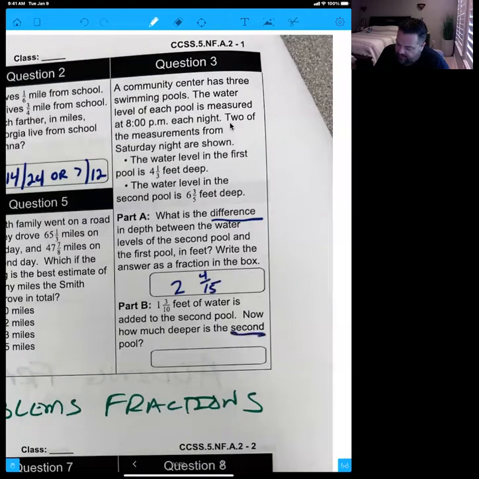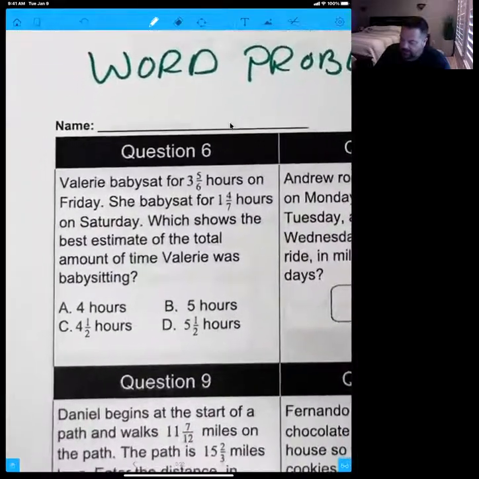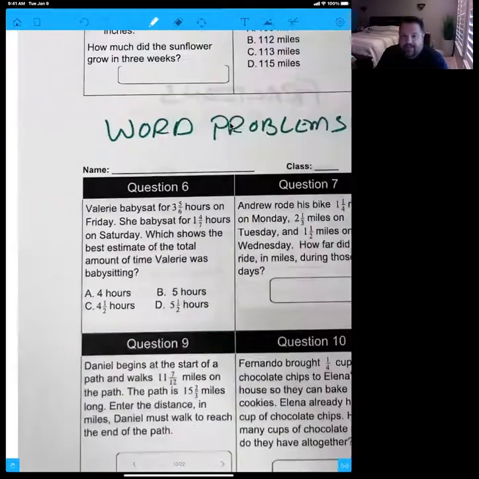And then the second pool, it would be 3 and 17/30. Because now we're adding water to the pool. So literally that one is just adding this onto this. I'm pretty sure that's what it was when I reviewed it. All right, take a look at number 6. Pause the video and do it.